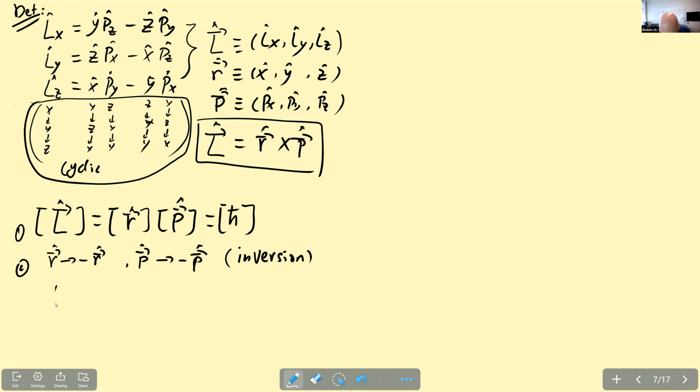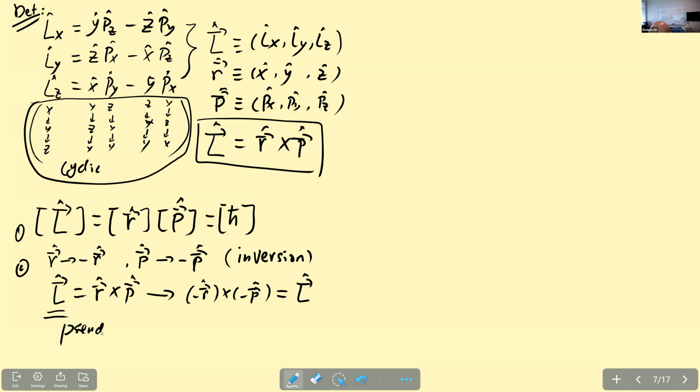But the angular momentum, look at this one, it will transform to minus R cross minus P, and this minus and minus cancel each other. So this one is invariant. In this case, we say that this is called a pseudovector, or axial vector. That's a very interesting property of this angular momentum.